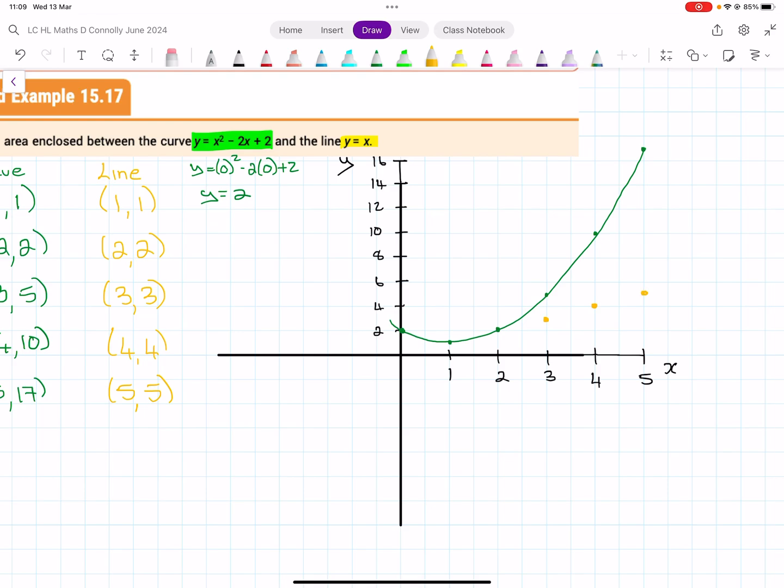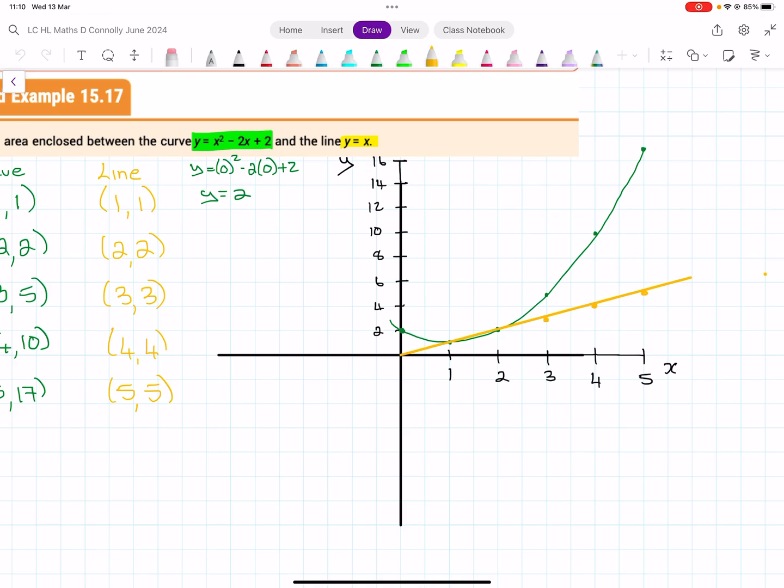Yeah, kind of like that. So I'll try and drop a line here. So we go yellow, insert a line, and it would be 0, 0 as well, wouldn't it? If x is 0, y is 0, yeah. Okay, so we'll try and go through all of these. It's close enough.